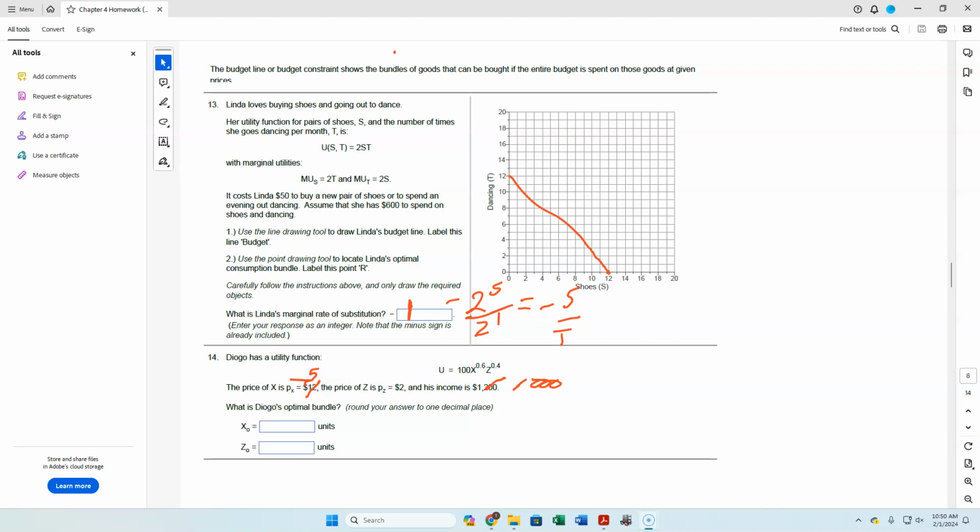We essentially have to find the optimal bundle. So what do we need to do here? We're going to need to set the MRS equal to the price ratio. Let's start with the price ratio first, since that should be pretty easy. That's just going to be PX over PZ, which is essentially 5 over 2, negative, obviously. And now we need to find the MRS.